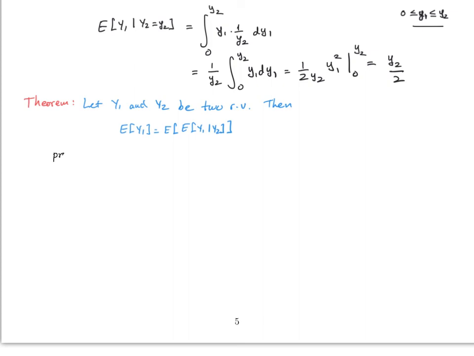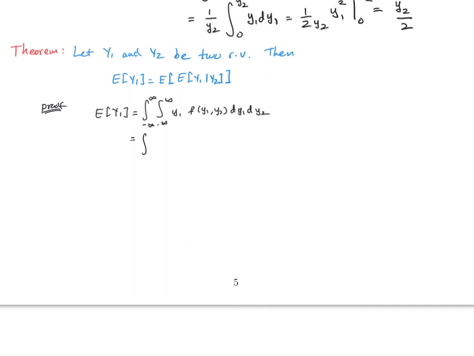Now the proof is actually not that hard. I will just go through it pretty quick. It's in the book too. So notice that by definition, this is the integral from minus infinity to infinity of y1 times the joint density function. That's the definition of expected value.